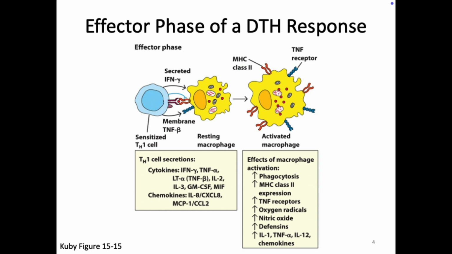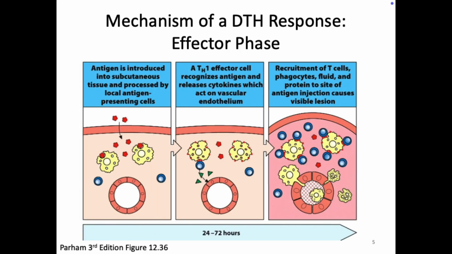You can see some parts of that DTH response here. Again, note that this is saying it's taking about 24 to 72 hours because the antigen needs to get into the body, needs to be presented. We need to have T cells get activated.